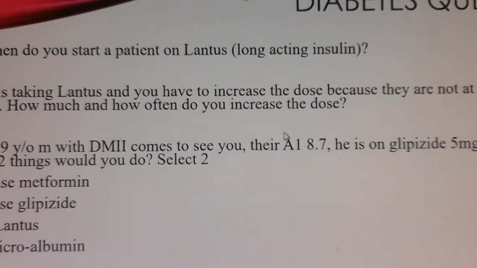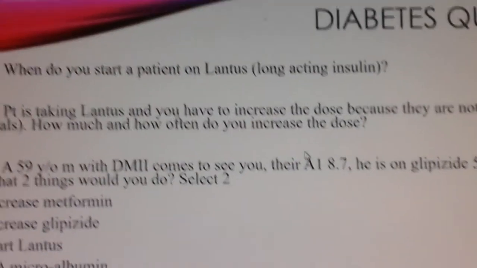And the patient is taking Lantus, and you have to increase the dose because they're not at goal yet. How much and how often do you increase the dose? Yep, you increase the dose 2 to 3 units every 2 to 3 days until goal, okay?